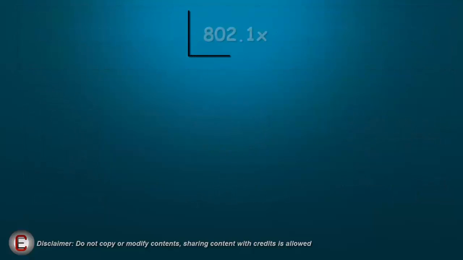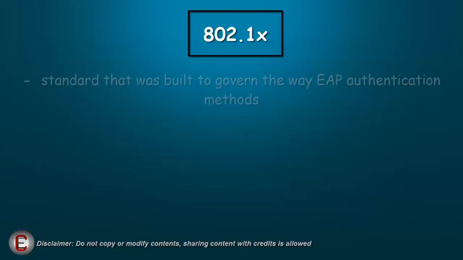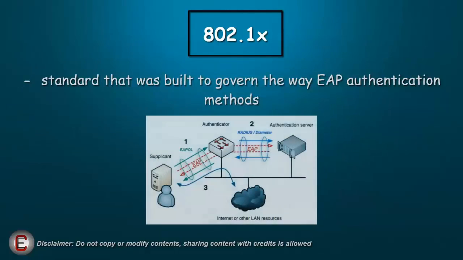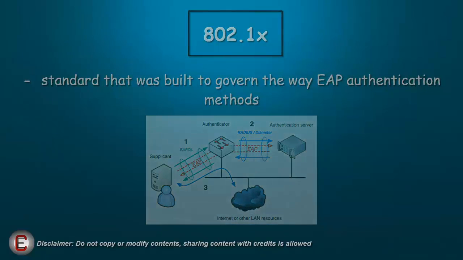The standard that was built to govern the way EAP authentication methods are used is called 802.1X. EAP was originally used in PPP when it was brought into use. Later, when 802.1X was developed, usage of the EAP framework was extended to wired and wireless communications.